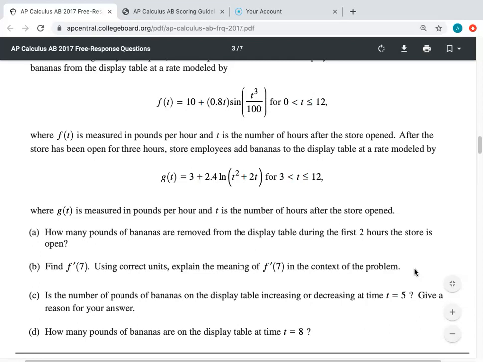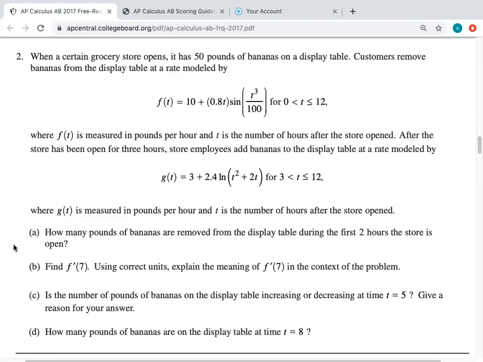So, find f prime of 7, and we'll write the explanation. All right.